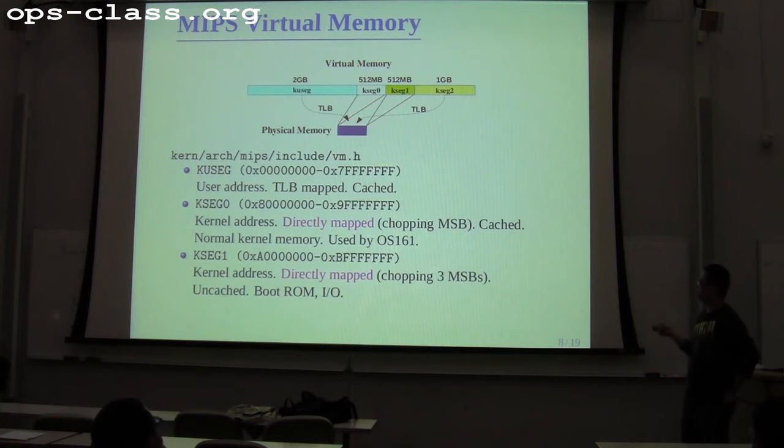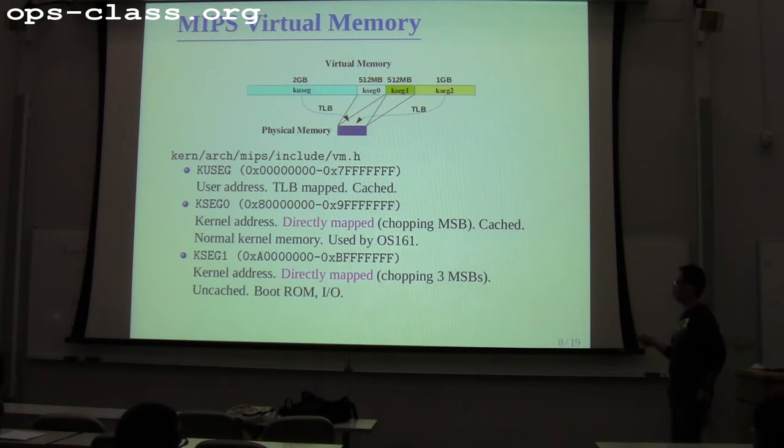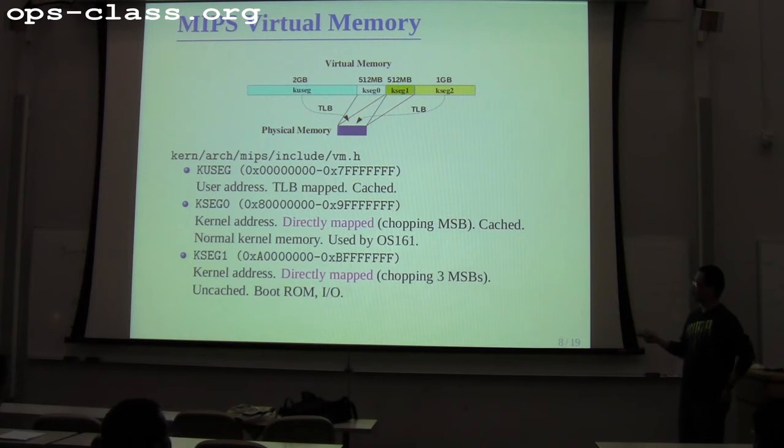Just that in this case, the hardware will not use the cache for this physical address. It's usually used for the bootloader or the I/O stuff. Because when the system is first put up, the cache doesn't work yet. So it may be beneficial to put some code in this region before the cache works. So the code will set up the cache so we can jump to kernel segment 0 and use the cache. Basically, it's used only slightly in this OS, but most of the code in the kernel lies in this virtual memory region.